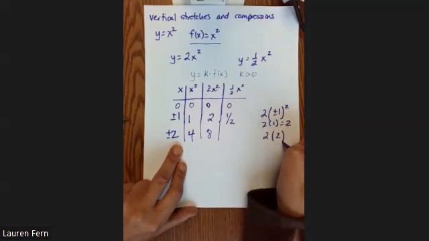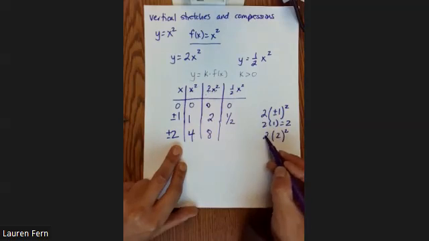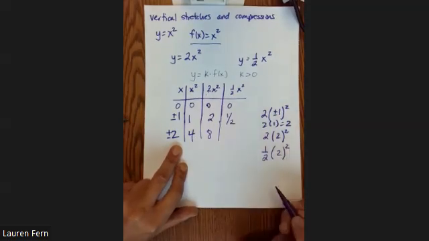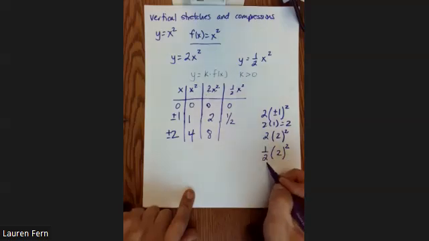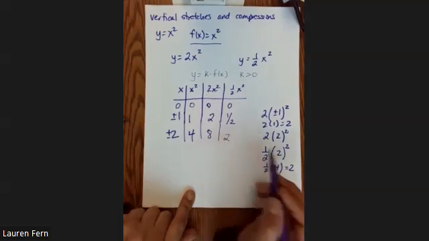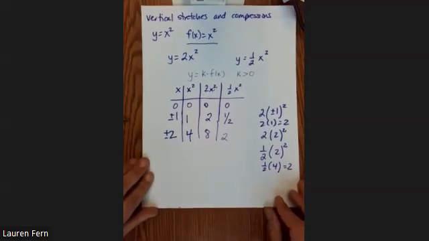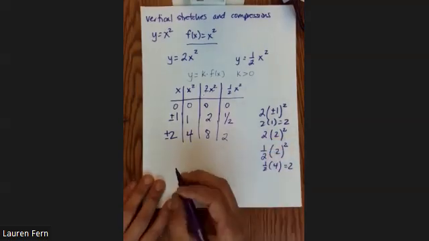I'm looking at 2 times 2 squared. 2 squared is 4, times 2 is 8. Now, what if I take 1/2 of 2 squared? Well, what comes out here? 2 squared is 4. And what's 1/2 times 4? 2. And the same thing happens whether it's a positive or negative.